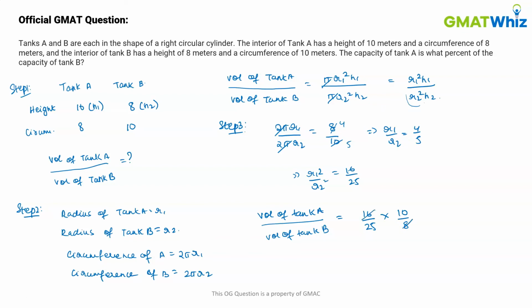So 8 cancels 16 2 times, and 5 cancels 10 2 times and 25 5 times. This gives us 4 by 5. Now since we have to find the percentage, we multiply this by 100 and then we get the answer as 80%, which is option B.